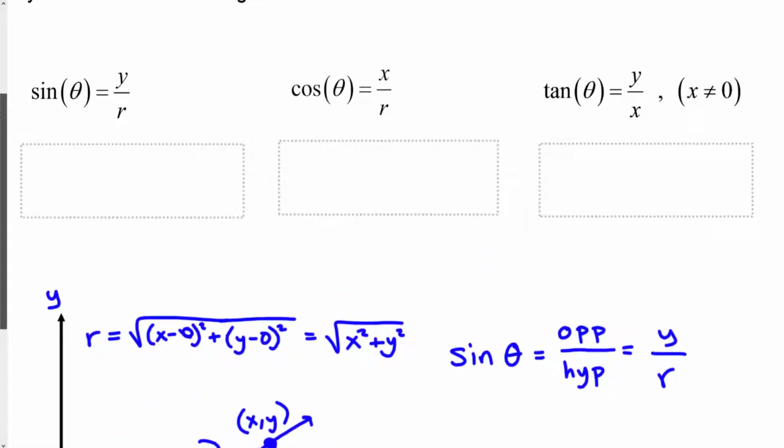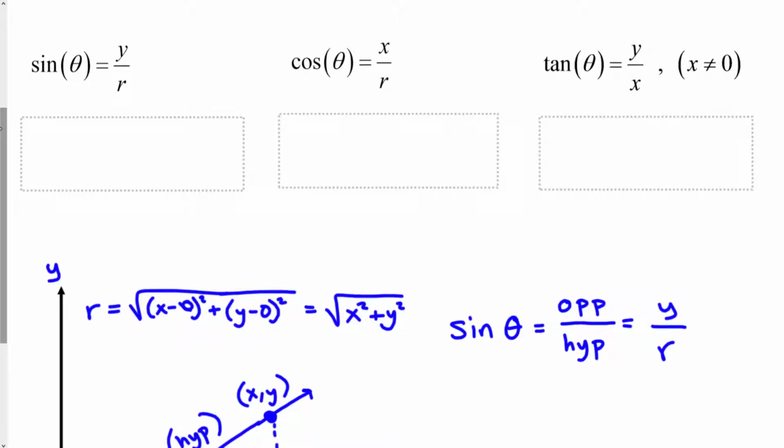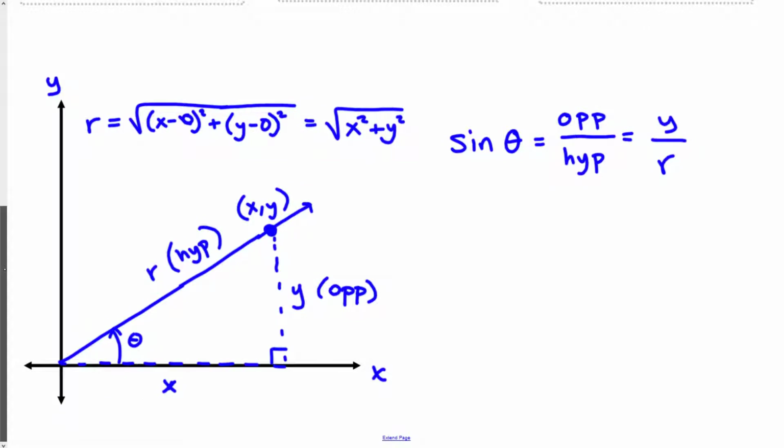Exactly what I stated up here. So sine of theta is the opposite of that angle measure theta divided by the distance from the origin to the point. So it's just another way of defining the exact same situation.